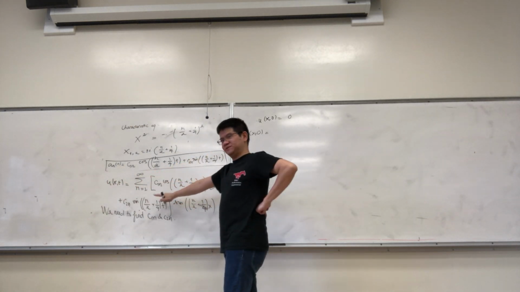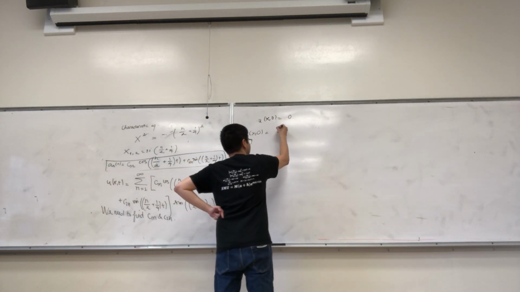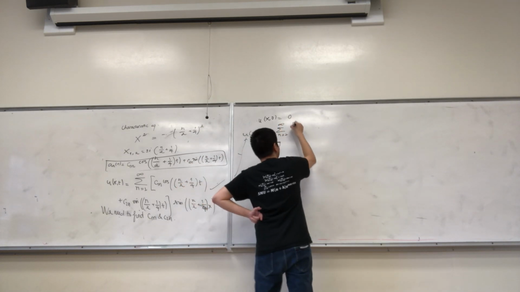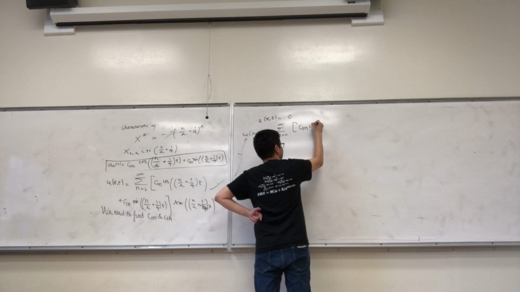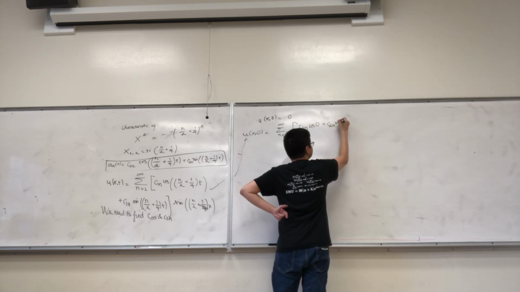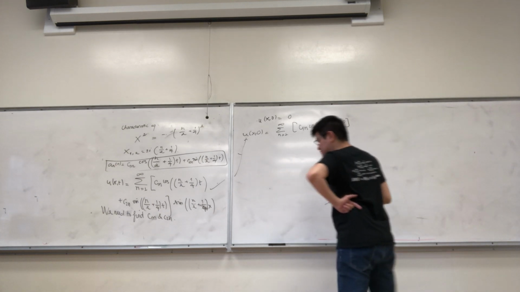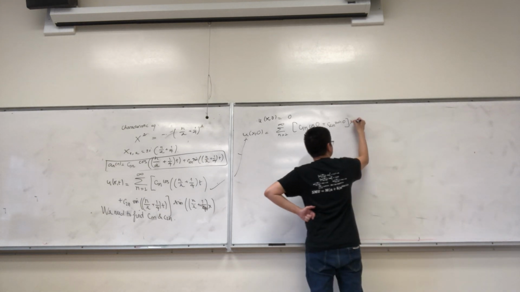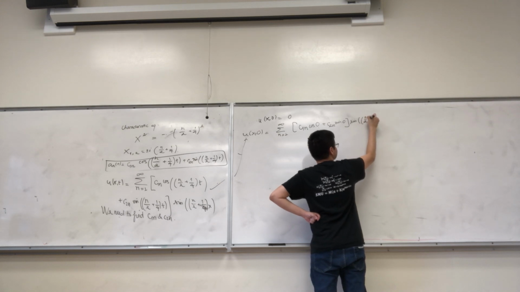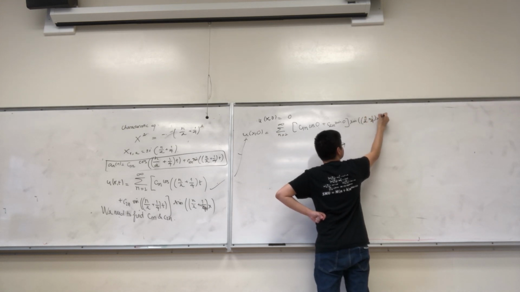So when you plug t to be 0 here, what you get is the sum, when n goes from 1 to infinity, of c1n cosine of 0 plus c2n sine of 0, times sine of (n over 2 plus 1 over 4)x.